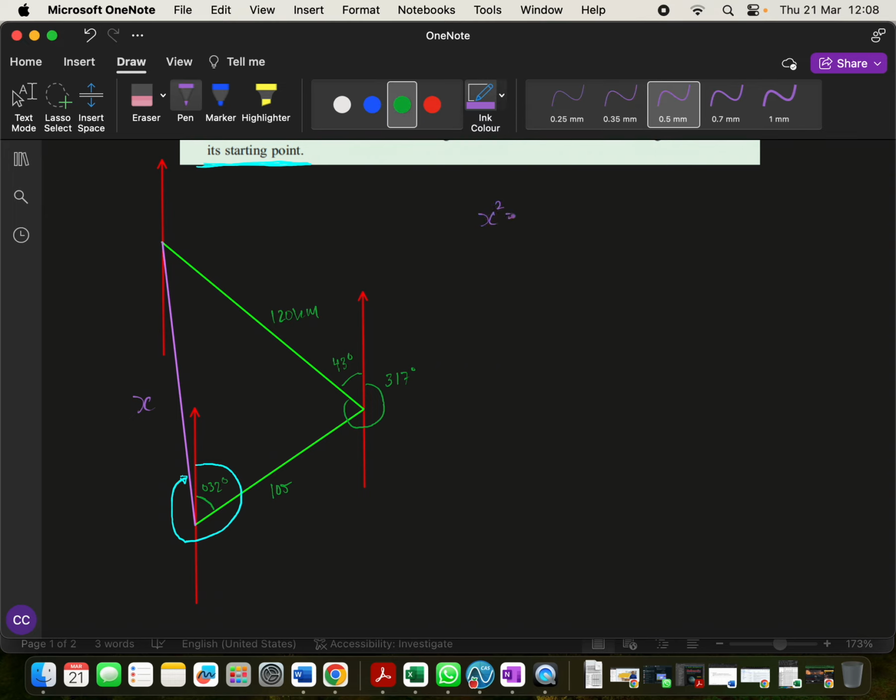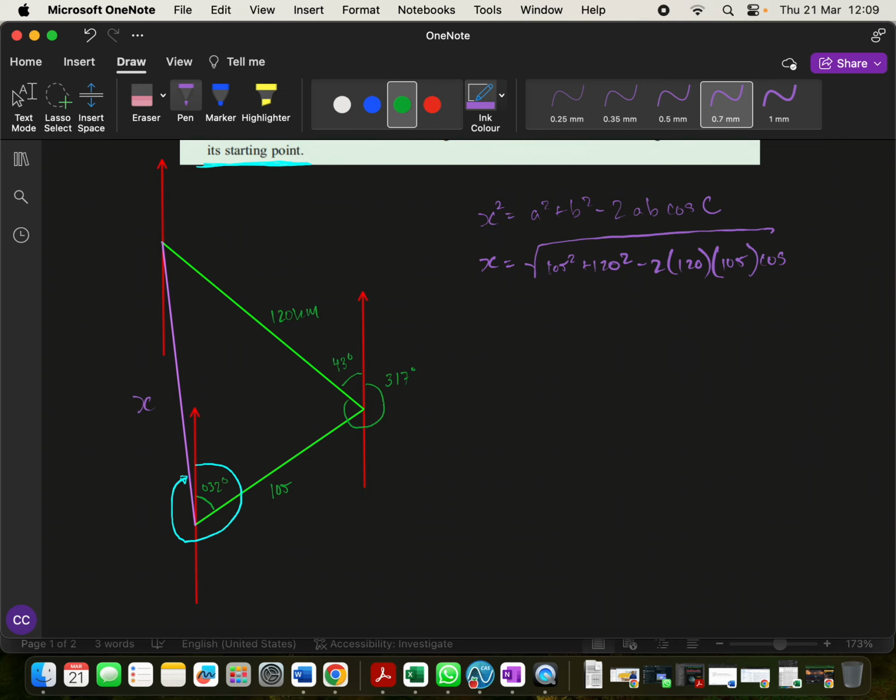So x squared is going to be a squared plus b squared minus 2ab cosine C. Obviously that is the cosine rule. So x is going to be the square root of 105 squared plus 120 squared minus 2 times 120 times 105 times the cosine of, we need to know what that cosine is, so we've got to find that.